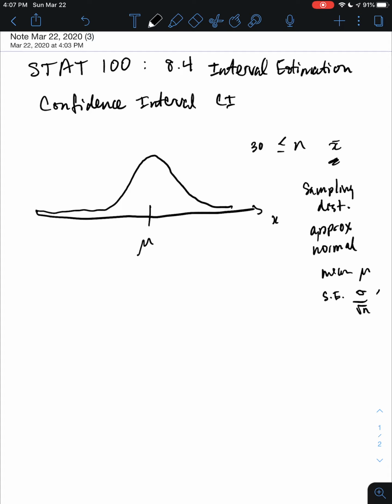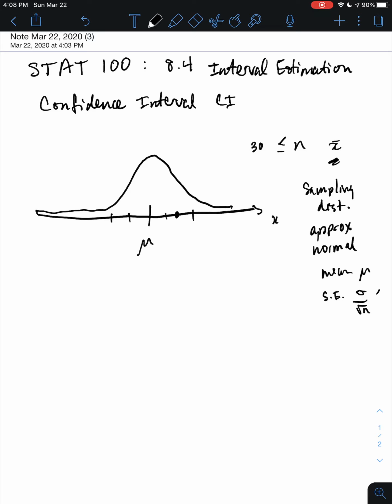Now, let's say I do my experiment, and instead of mu, I get x bar, which in my case is bigger than mu. Now, there's a funny reciprocity happening here.